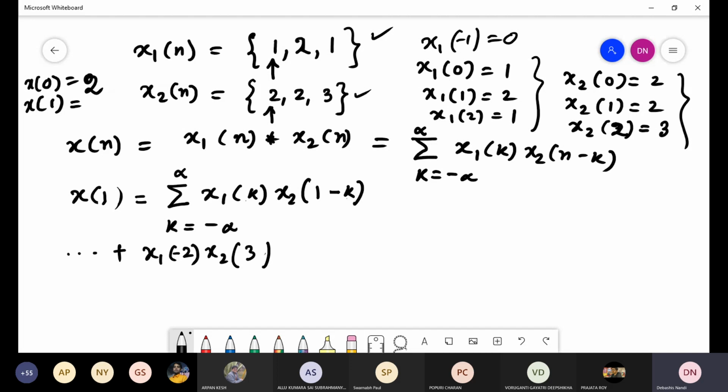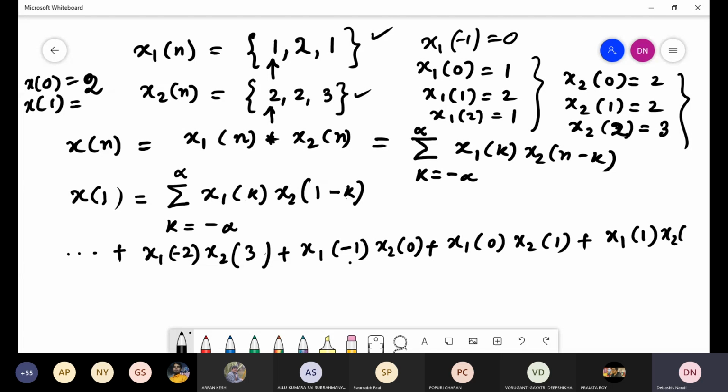Okay, so x1[minus 2] and x2[3], this term will be generated for k is equal to minus 2, plus for k is equal to minus 1, x1[minus 1], this will be 0, and then x2[0], then plus k is equal to 0, x1[0], x2[1], k is equal to 1, x1[1], x2[0], k is equal to 2, x1[2], x2[minus 1].